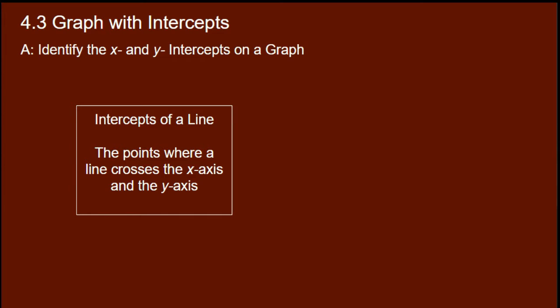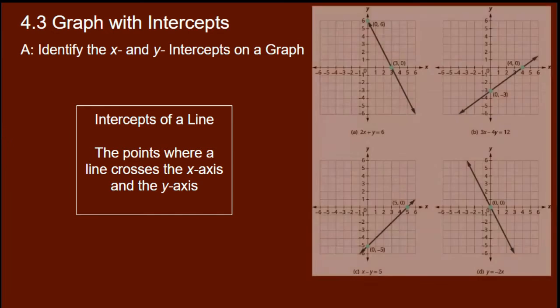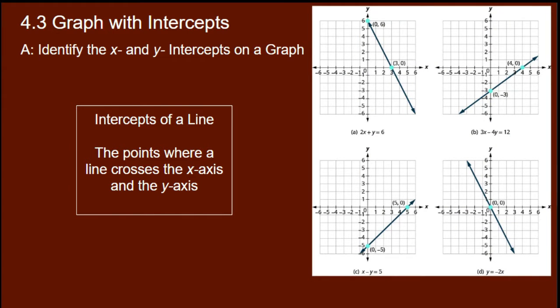So let's look at some graphs here and identify the intercepts. As we're looking at these graphs, graph A, the intercepts are, I'm going to make my pen a little fatter than normal so I can point them out easily. The x-intercept where A crosses the x-axis is right here, I'm turning it orange, at 3, 0.